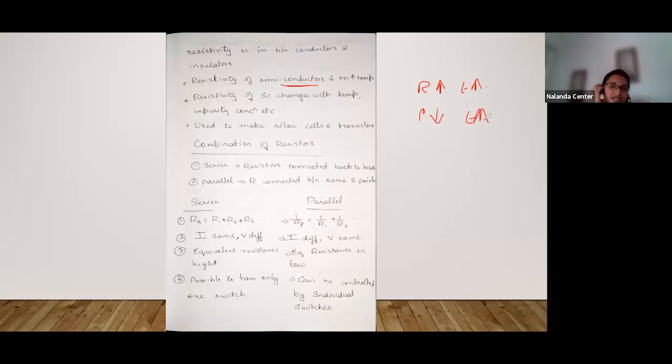So the resistivity of semiconductors is generally affected by the temperature as well as impurity concentration. We actually induce some kind of impurity, and based on that, their conduction is going to change. They are generally used to make solar cells, transistors, etc. So this is regarding the resistivity.